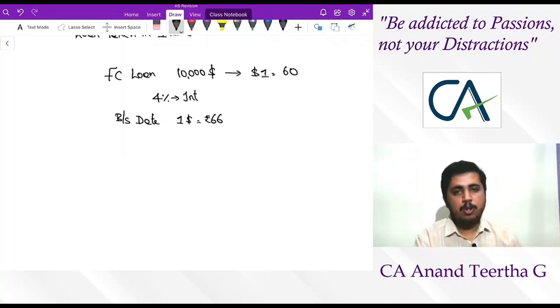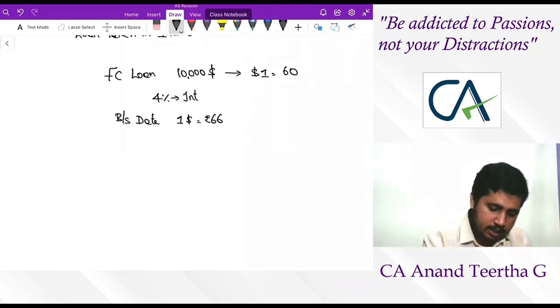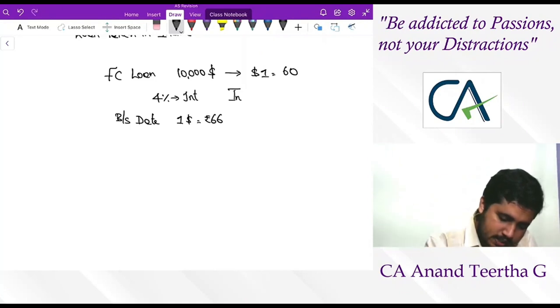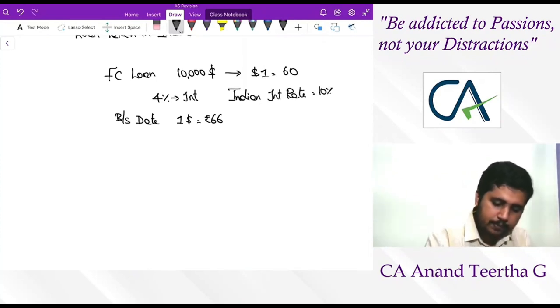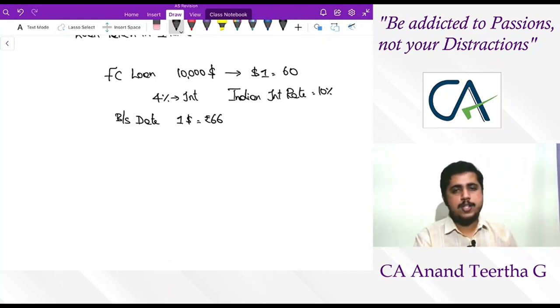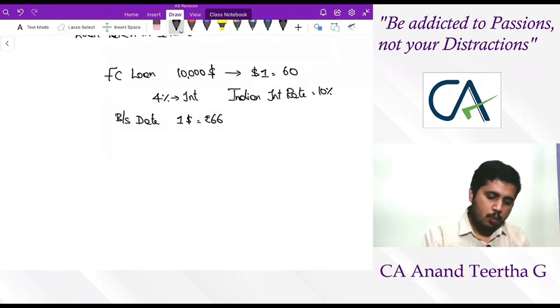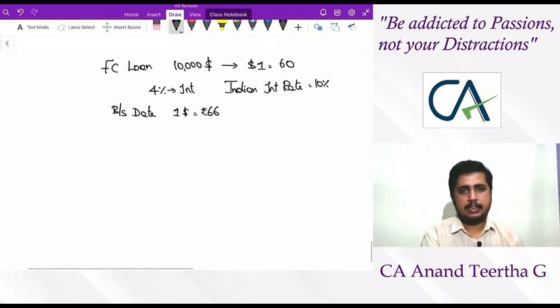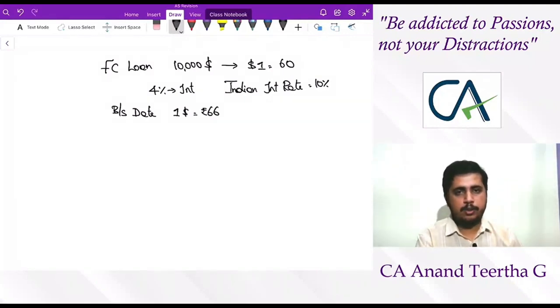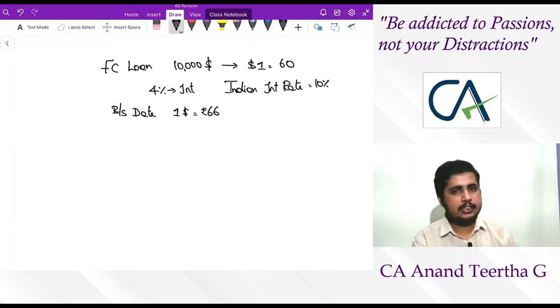If the same loan was taken in India, let's assume the Indian interest rate was 10%. So if a similar loan was taken in India, it would have been charged at 10% interest rate. Okay. Now, what things are allowed to be capitalized then? On the date of taking the loan, the exchange rate is 60. On the balance sheet date, the exchange rate is 66.